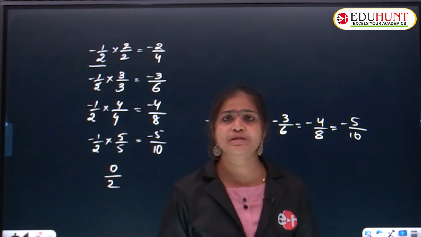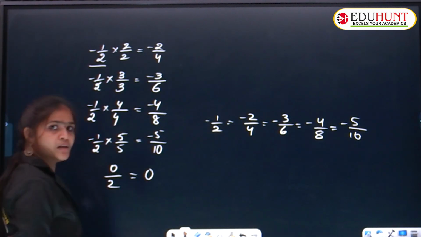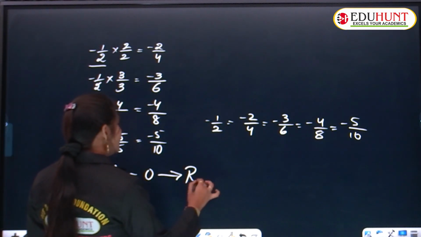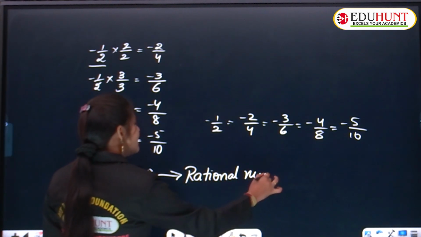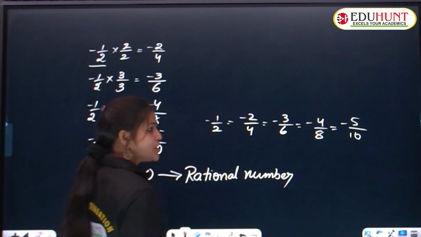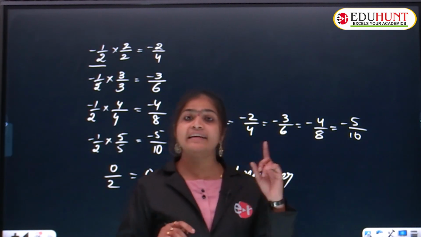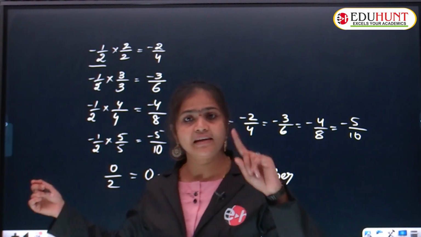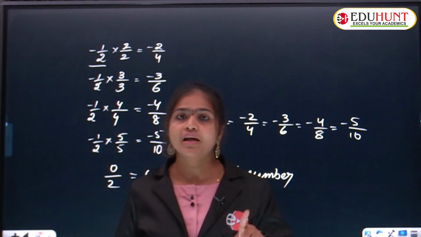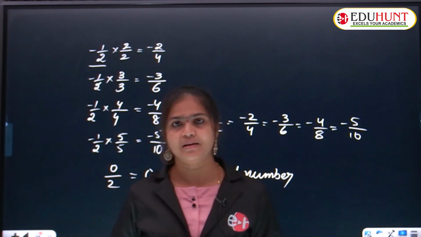Yes, it is a rational number, because 0 by 2 again gives 0, and 0 is a rational number only, no? Now, is 0 by 2 a positive or negative rational number? Children, we know that 0 is neither positive nor negative. That's why 0 by 2 is neither a negative nor a positive rational number. Understood? But 0 is a rational number.